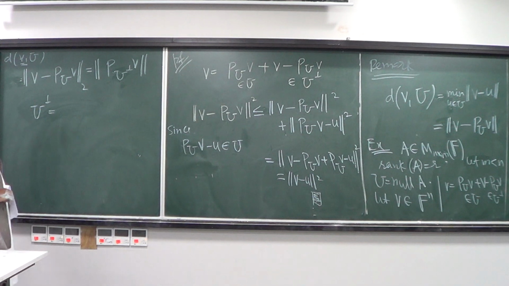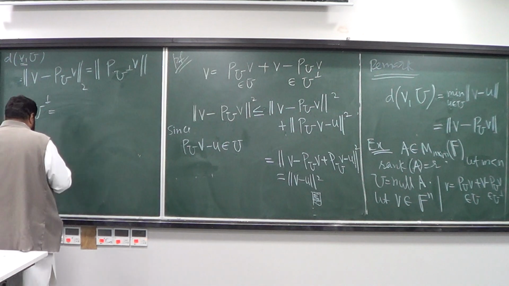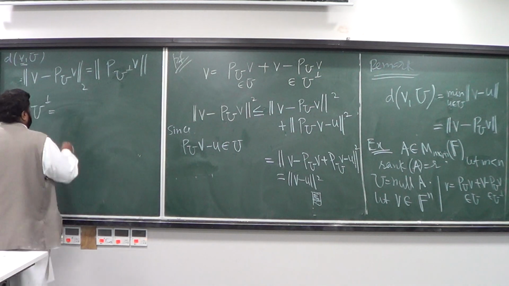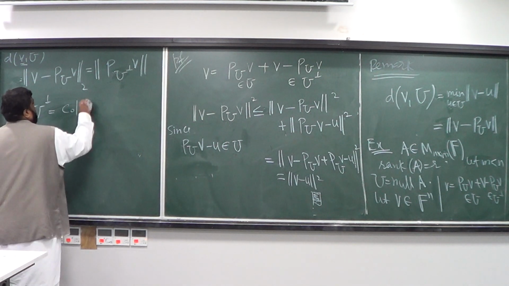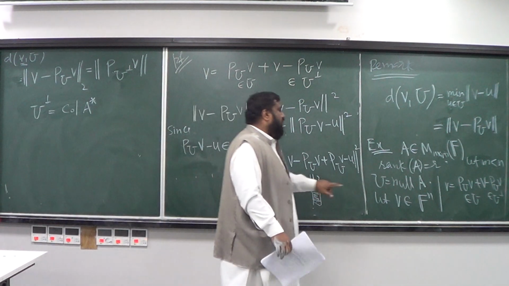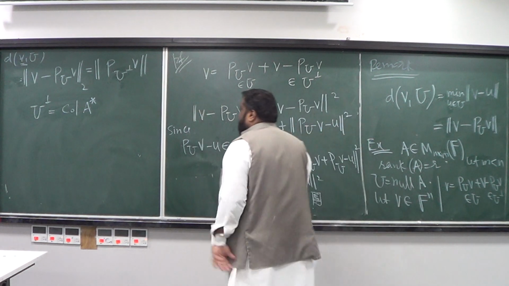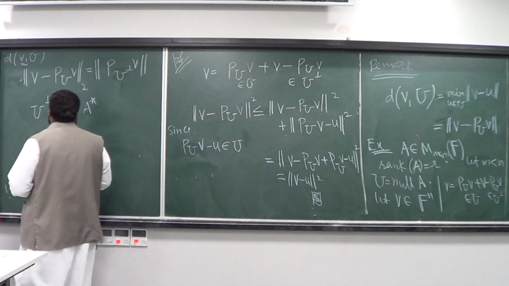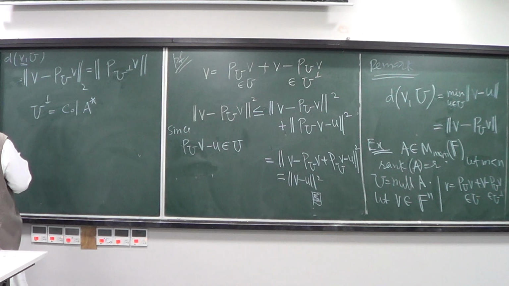U perp is really, you can say that it is the column space of A star. So if U is the null space of A, then U perp must be the column space of A star.